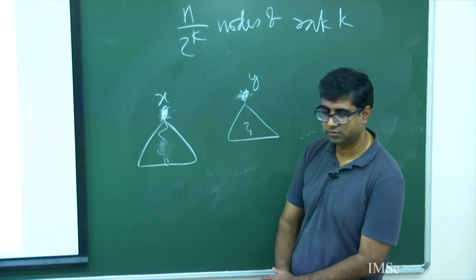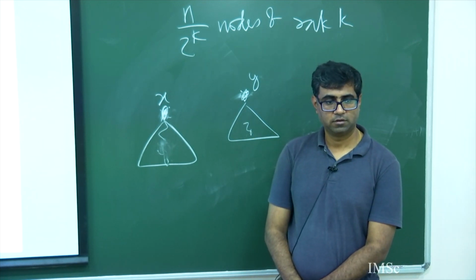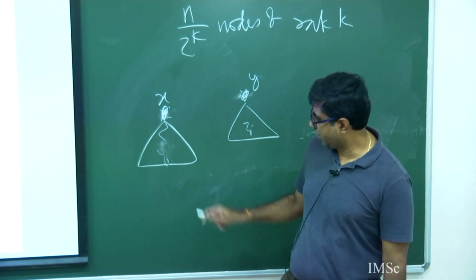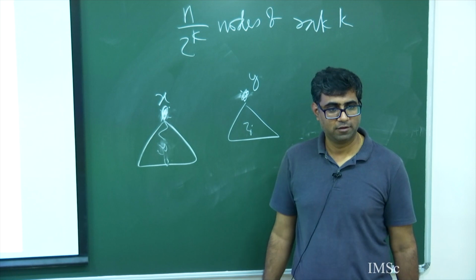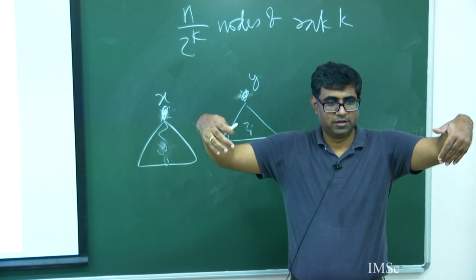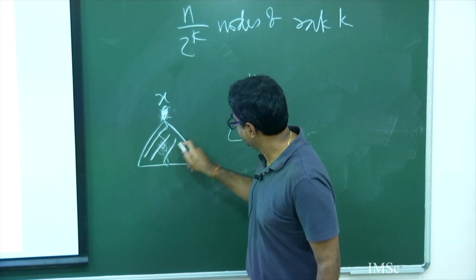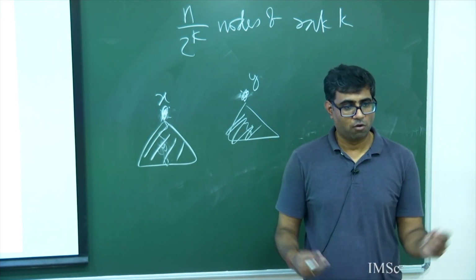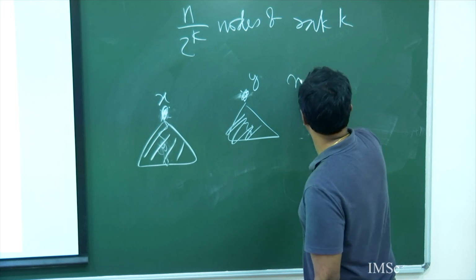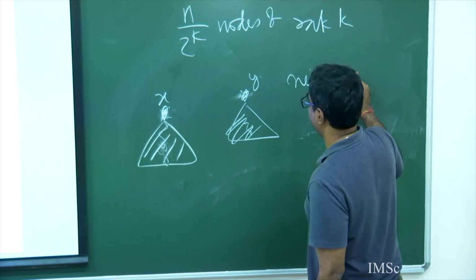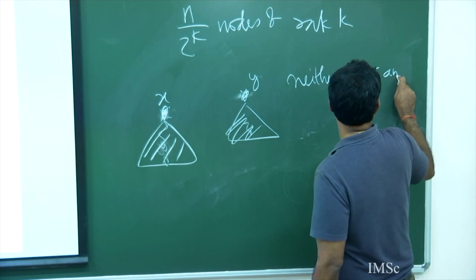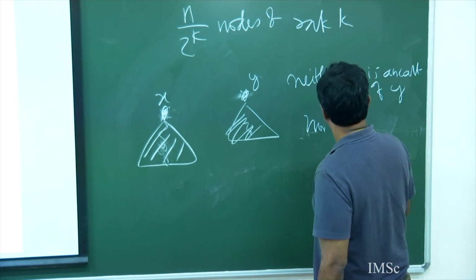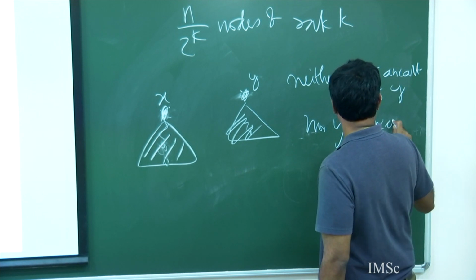Look at any z here. So if y does not belong here, and these are trees, can I say that these two subtrees are disjoint? All I am saying is that neither x is an ancestor of y, nor y is an ancestor of x.